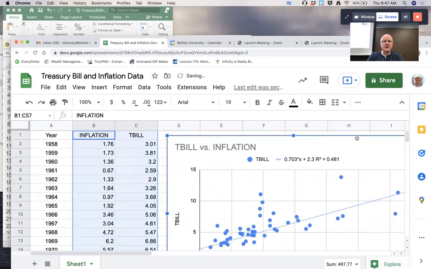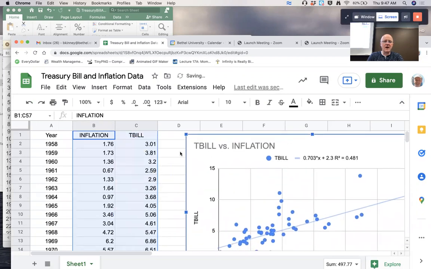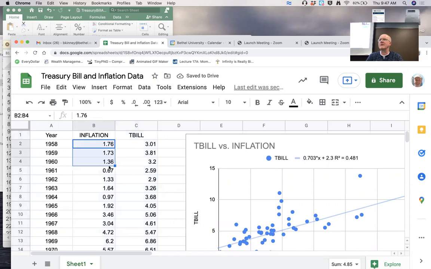These numbers are given as percentages. I don't convert the 7% to a 0.07. Effectively, the units on the X values and the Y values for that matter are percent, though you don't see a percent sign in there.